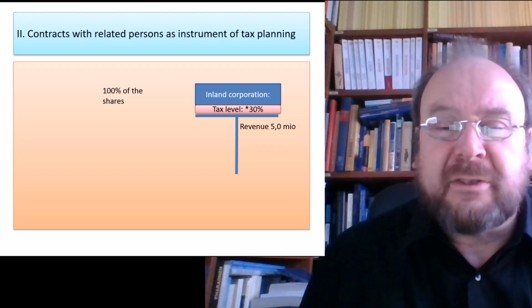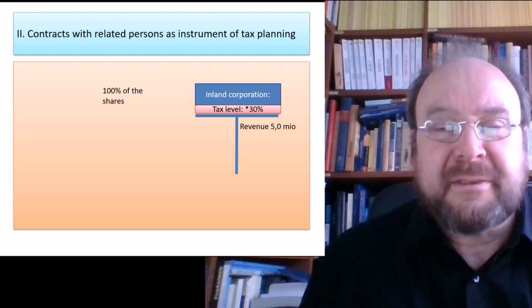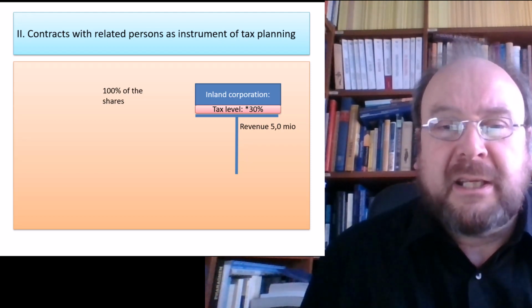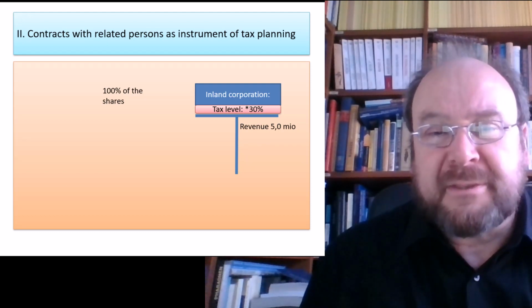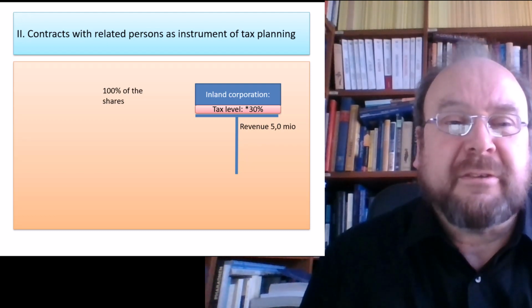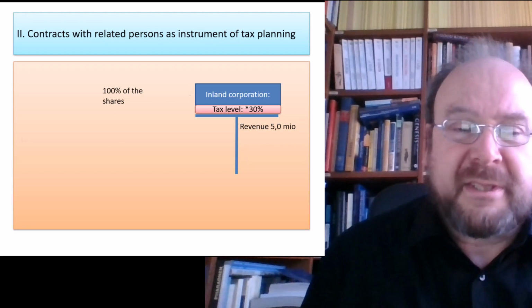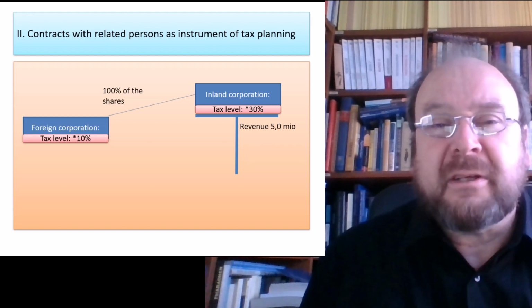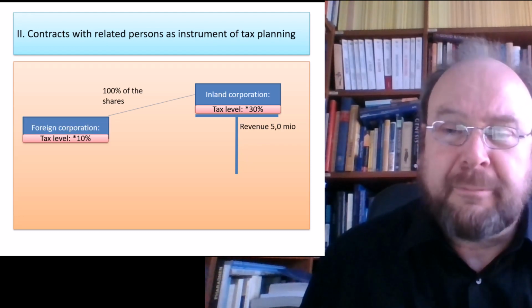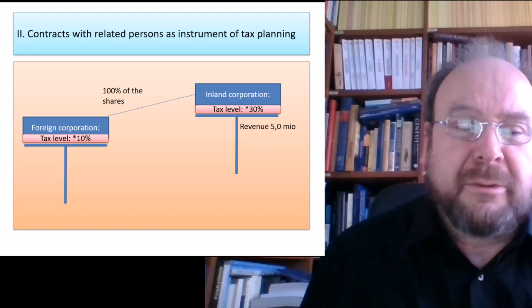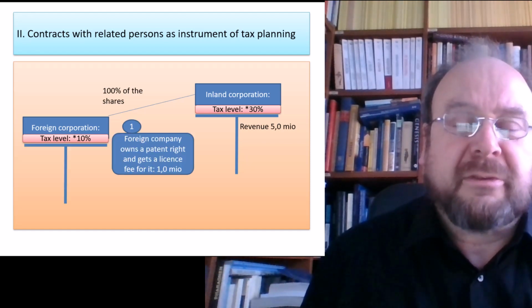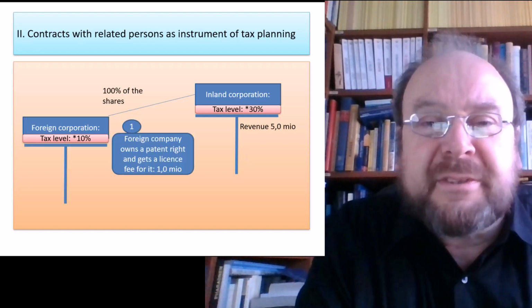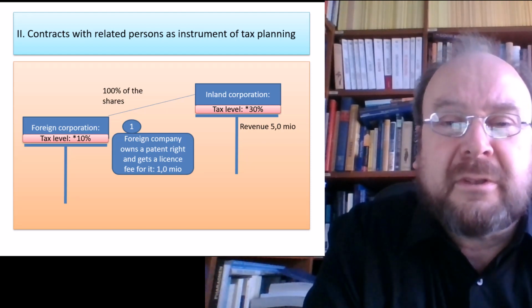You have an inland corporation in a country with 30% tax level, and from selling your products to your customers, you have a revenue of 5 million. Now you set up a foreign corporation in a country with 10% tax level, and you make a contract about some service or something like that with your own company.